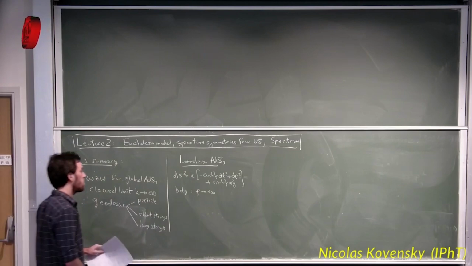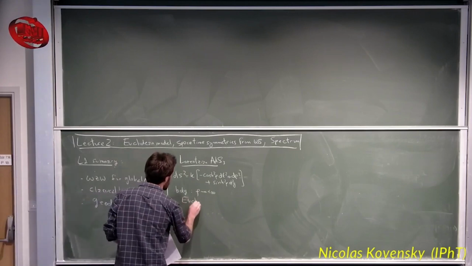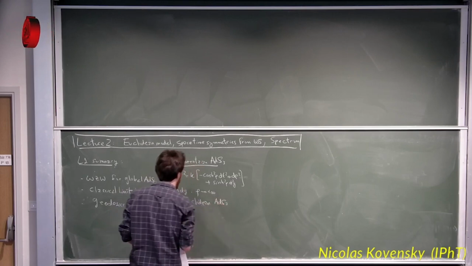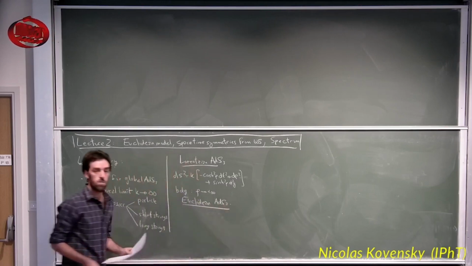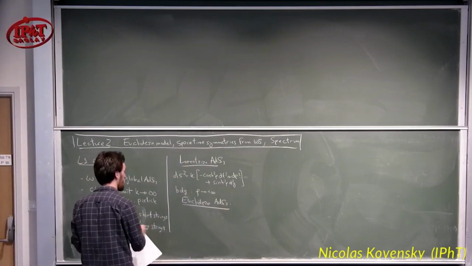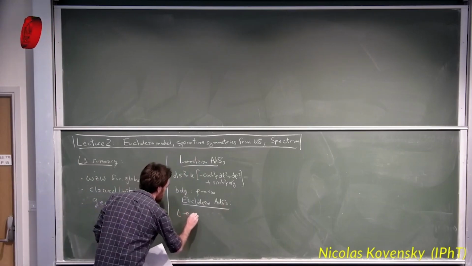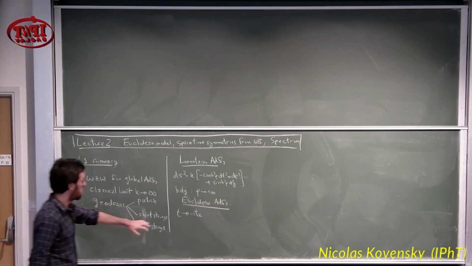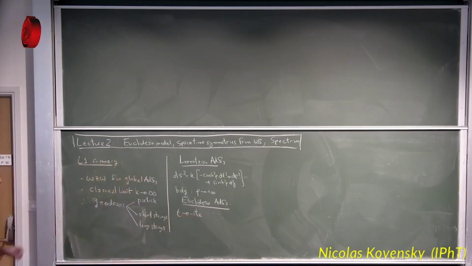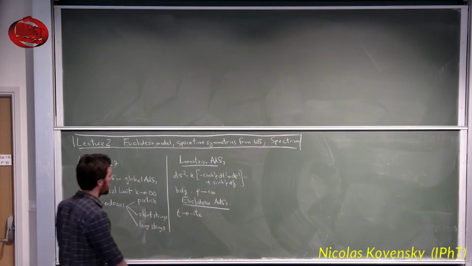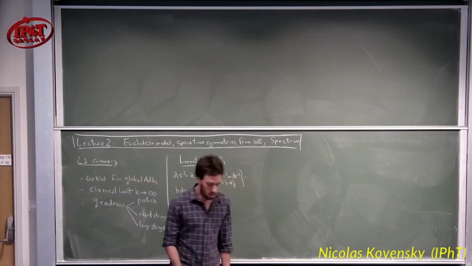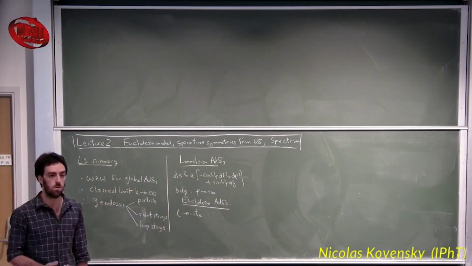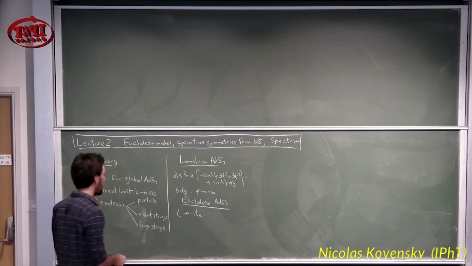And so now what we want to do is go to Euclidean AdS3, and further do a useful change of coordinates. So the idea will be to take t to minus i times the Euclidean time. I don't want to use tau here because I tend to use that for the worldsheet coordinate. We're also going to go to Euclidean for the worldsheet coordinate, so for that I'm going to use z and z bar.